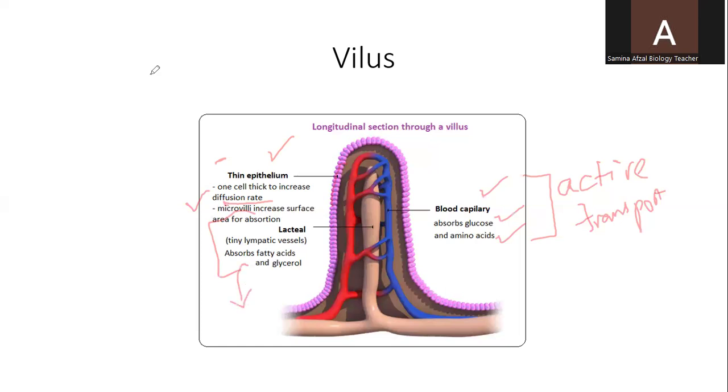In this way, three different types of nutrients are absorbed by the villus, because villi are special finger-like projections of the small intestine, and the epithelial lining of the villus is very thin, so different food nutrients enter by the process of diffusion and active transport.